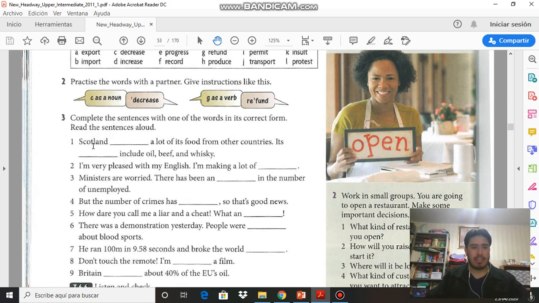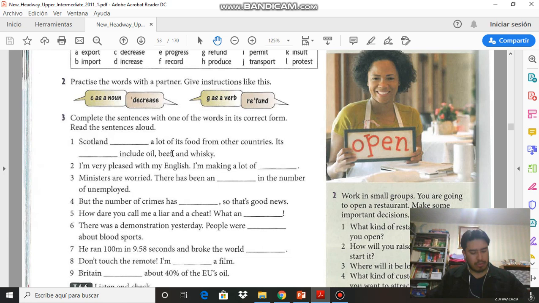It says, Scotland, blank space, a lot of its food from other countries. Its, blank space, includes oil, beef, and whiskey. In this case, the correct answers are Scotland imports, because it's a verb, a lot of its food from other countries.